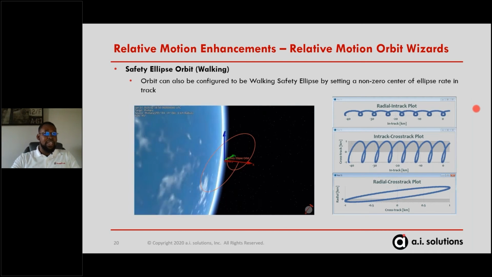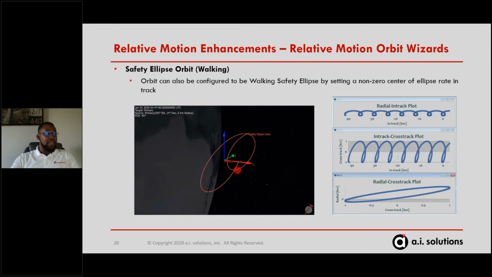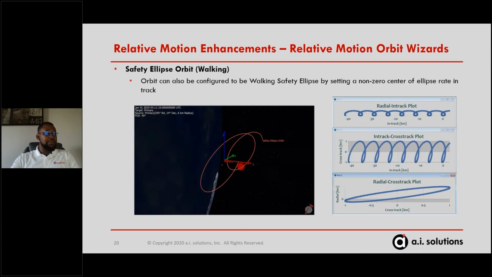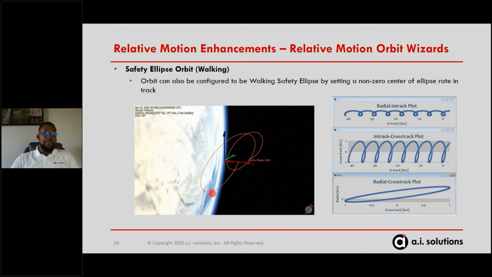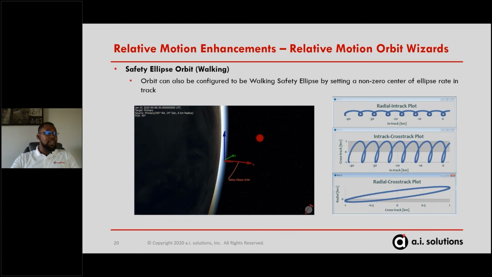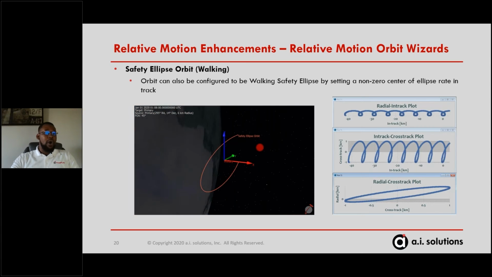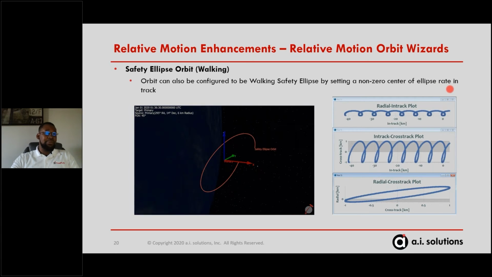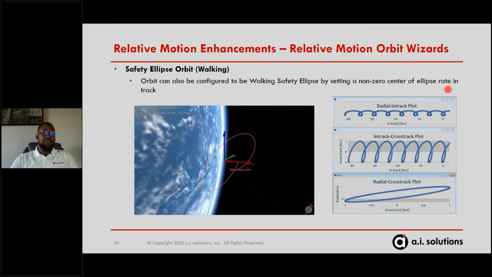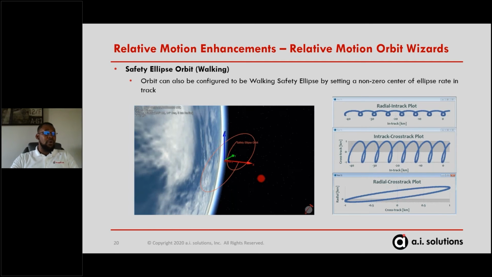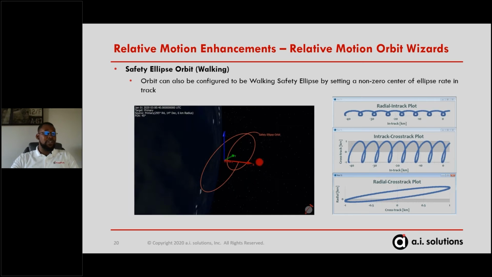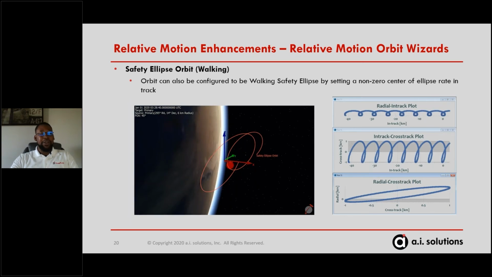Now, this can also be configured using that exact same method, but by setting a non-zero center of ellipse rate for the NTrack. When we do this, we can see that our spacecraft is starting at a position and is propagating using this safety ellipse orbit, but as it's propagating, it's also walking based on that ellipse rate of NTrack, either away or towards our primary spacecraft.